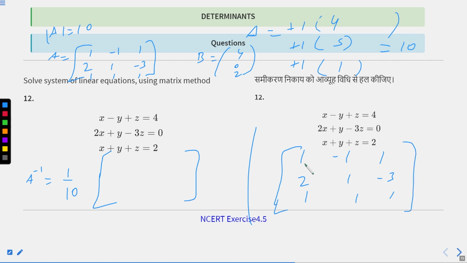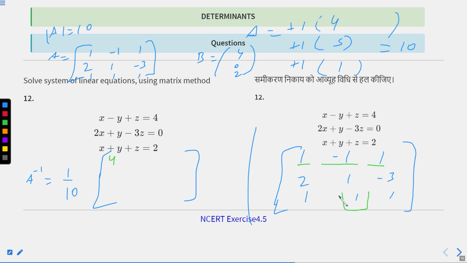Now I'll be just evaluating first of all the cofactors, sorry, the minors. So eliminate this. So 1 minus of minus 3 will give me 1 plus 3, which is 4. Now for this entry, what do I have to do?